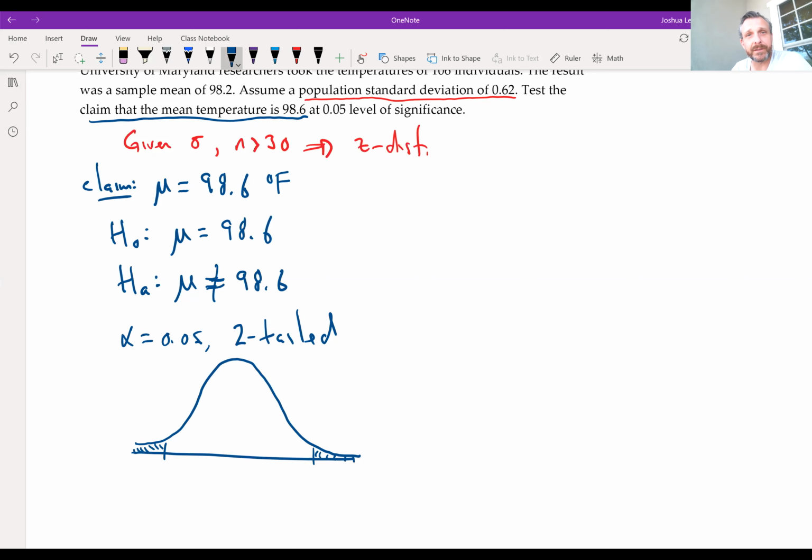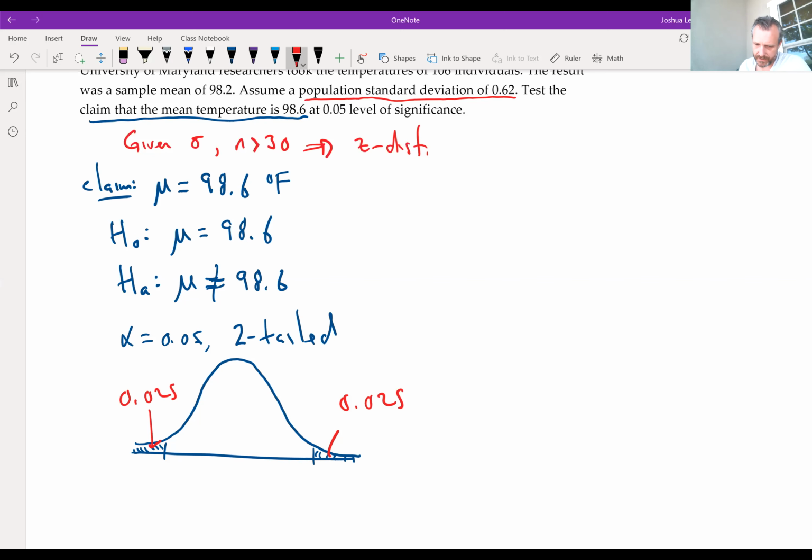Now 0.05 level of significance, remember that under that level of significance with two tails, there's going to be 0.025 in that tail and 0.025 in that tail.